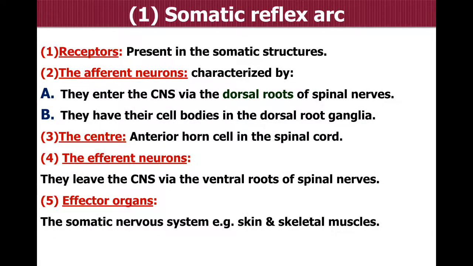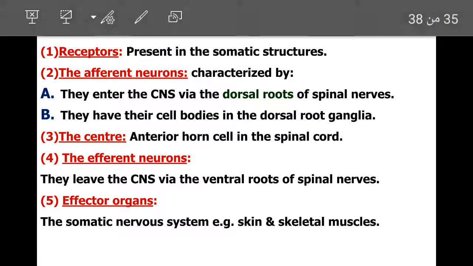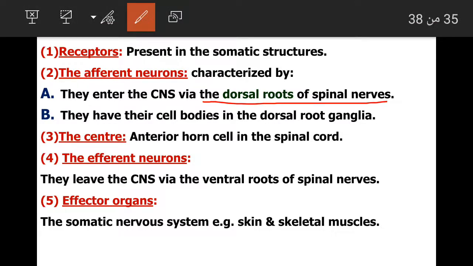What about the 5 components of the somatic reflex arc? First, the receptors. The receptor of the somatic reflex arc is present in somatic structures like skin and skeletal muscle, while the afferent of this somatic reflex arc enters the central nervous system via the dorsal root of spinal nerves and has its cell bodies in the dorsal root ganglia.